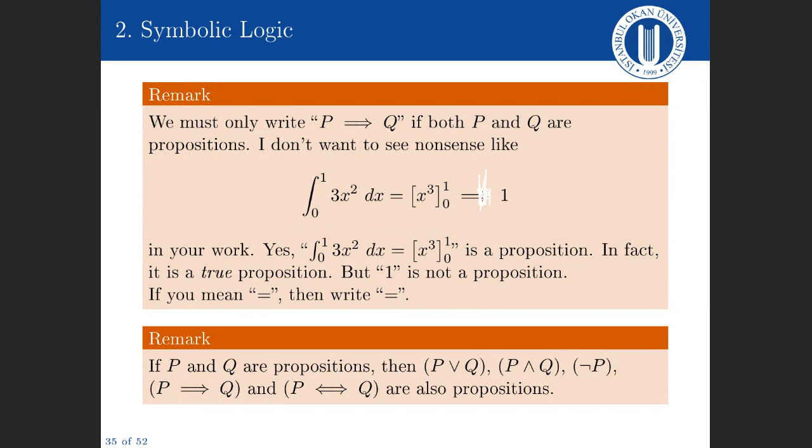If I had written equals just here, then it would be mathematically correct. If P and Q are propositions, then P or Q, P and Q, not P, P implies Q, and P if and only if Q are also propositions, because then we can also say true or false for each one of these.